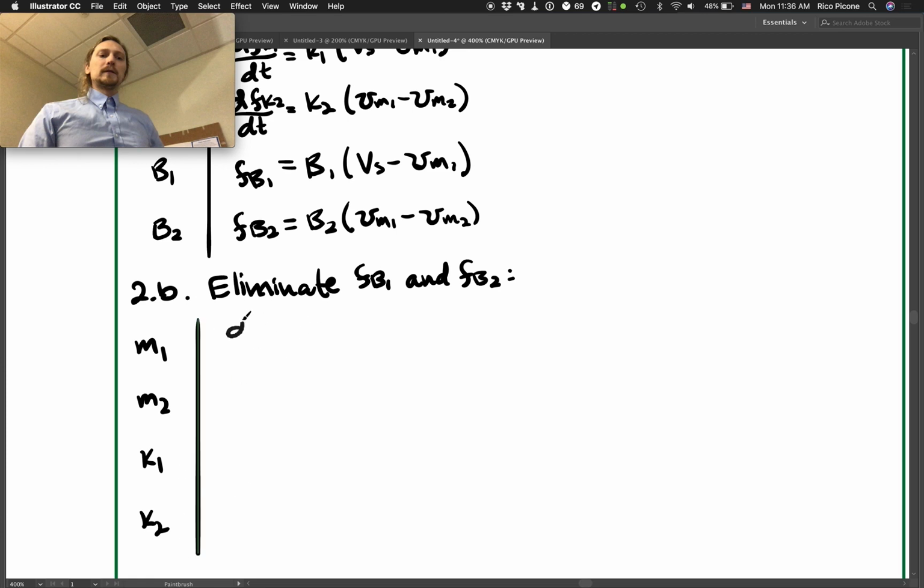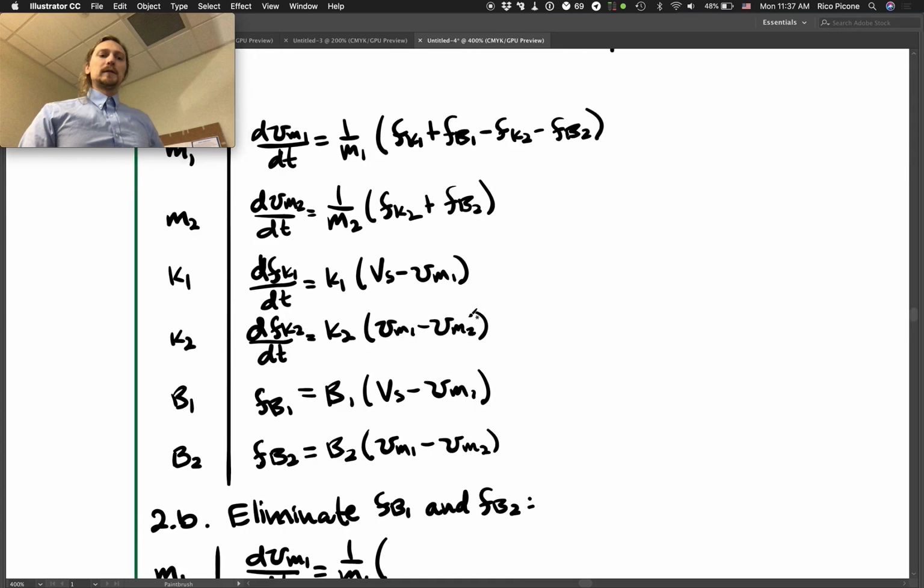M1, still dVm1 dt on the left-hand side, equals 1 over M1 times, now we've got all of these forces, right?